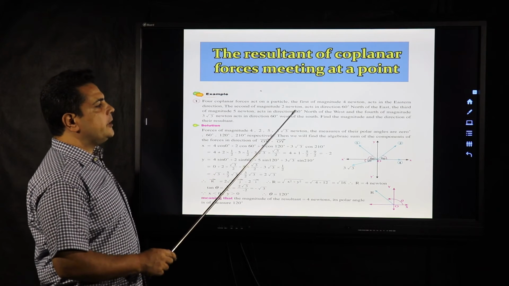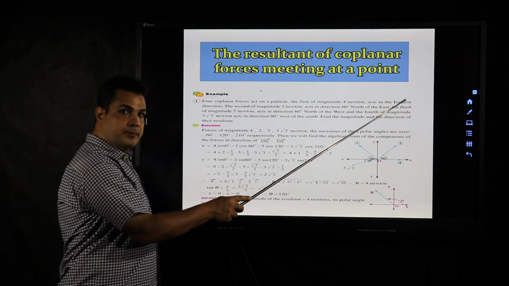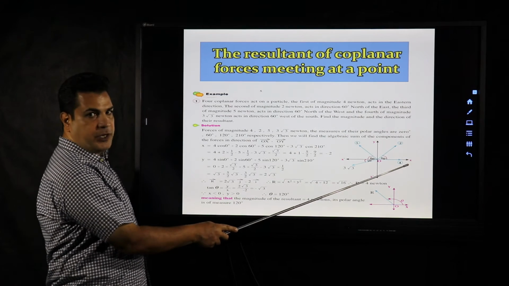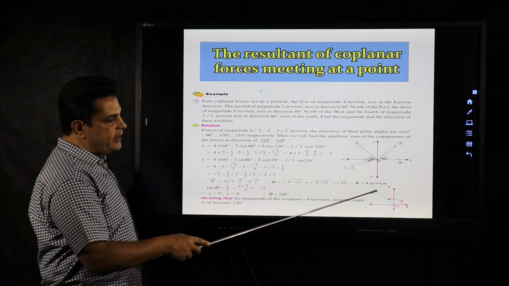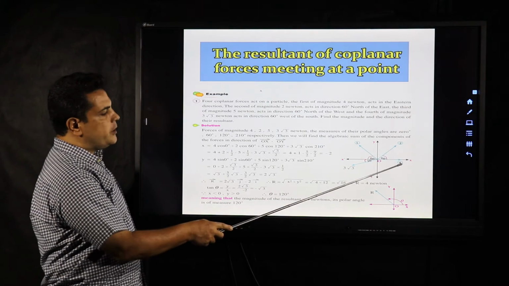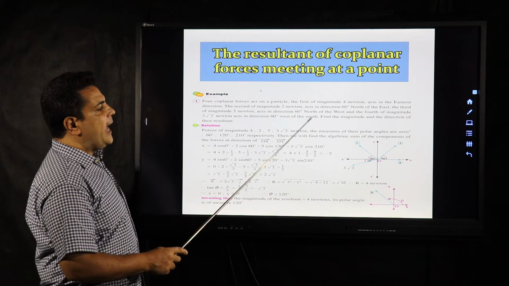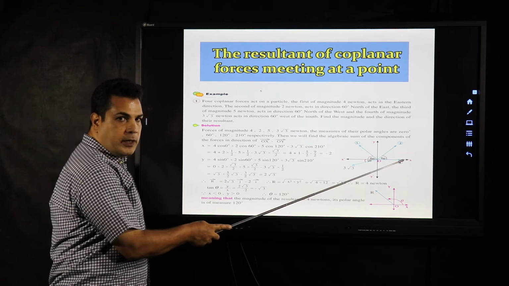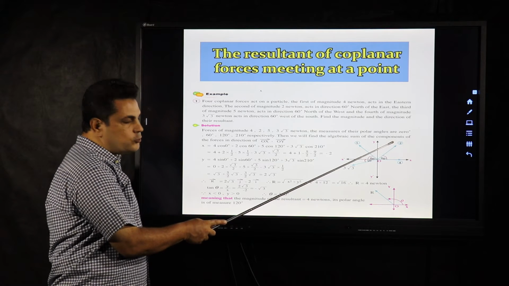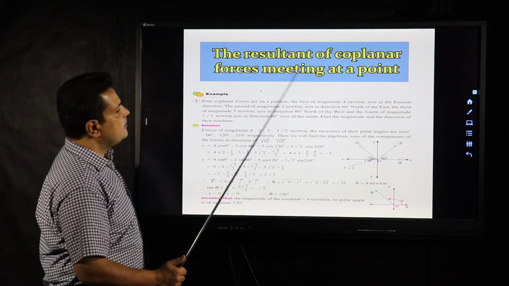For example, four forces act at a particle. The first force of magnitude 4 acts in the i direction, along the x coordinate. The second, of magnitude 2, acts in the direction 60 degrees, so the angle between them is 60 degrees.